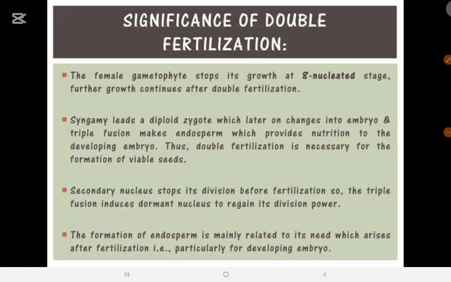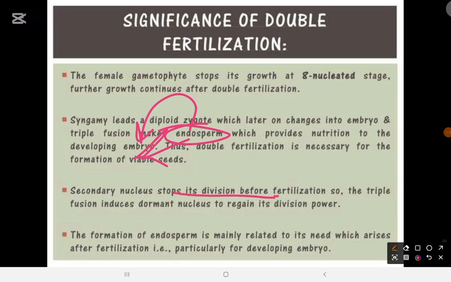So the ovary, the style, and stigma stop their growth at this stage, and after double fertilization takes place, they begin to grow again. Then syngamy leads to a diploid cell, which later changes into the embryo, and triple fusion leads to endosperm, which provides nutrition for the developing embryo. Don't forget that the endosperm nourishes the embryo. Then the secondary nucleus stops division before fertilization.